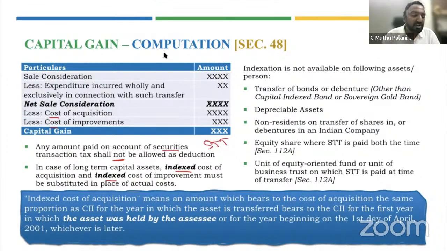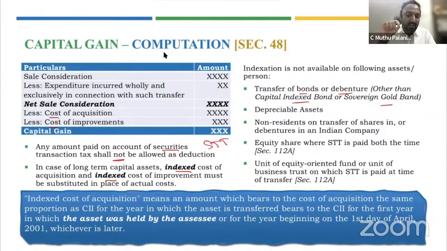We said indexation applies on long-term capital assets, but indexation is not available on transfer of bonds or debentures other than capital index bonds and sovereign gold bonds. The word indexed is there in the bond name itself. Only for that bond you are eligible, and also for sovereign gold bonds. Only for these two bonds is indexation allowed.